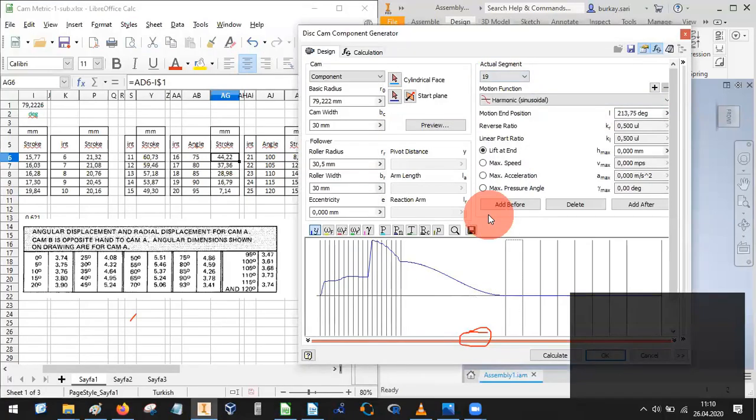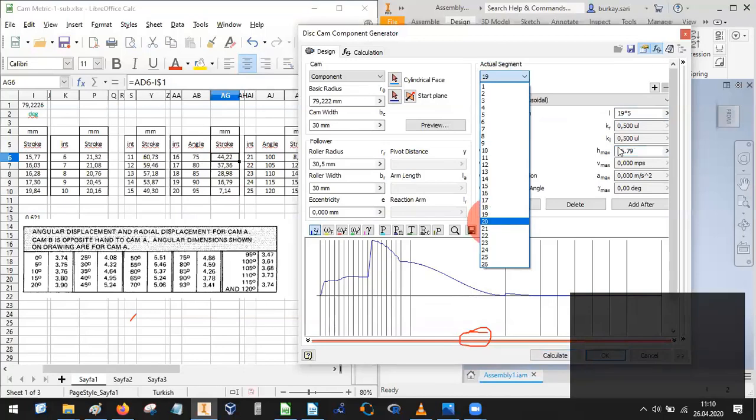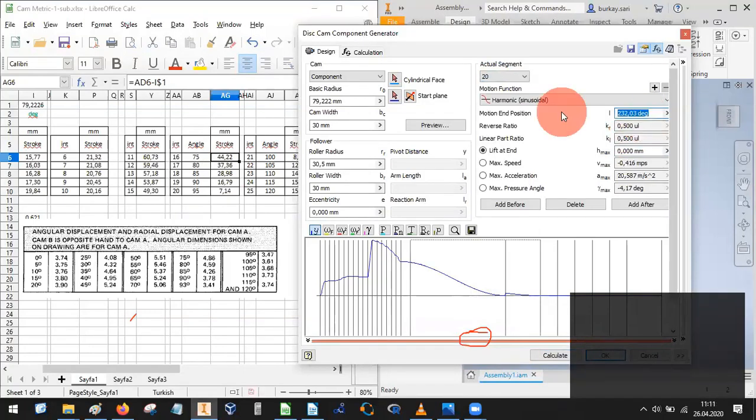The 19th, which is 16.79. Hit the calculate. 20, which is 100 degrees at endpoint. 7.14.